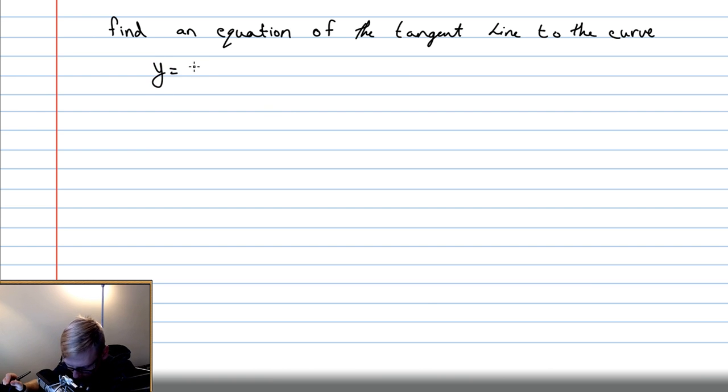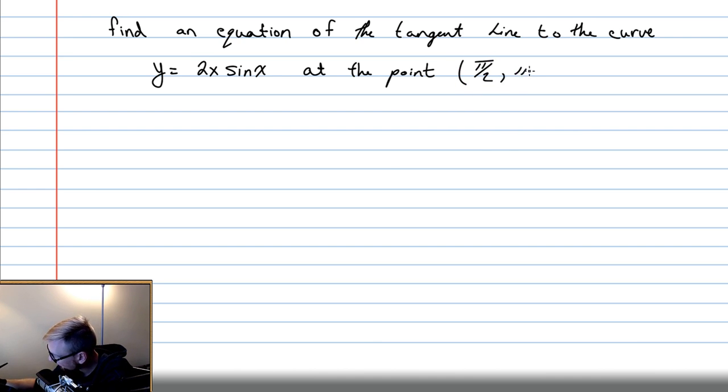y equals 2x sine x at the point pi over 2 comma pi.